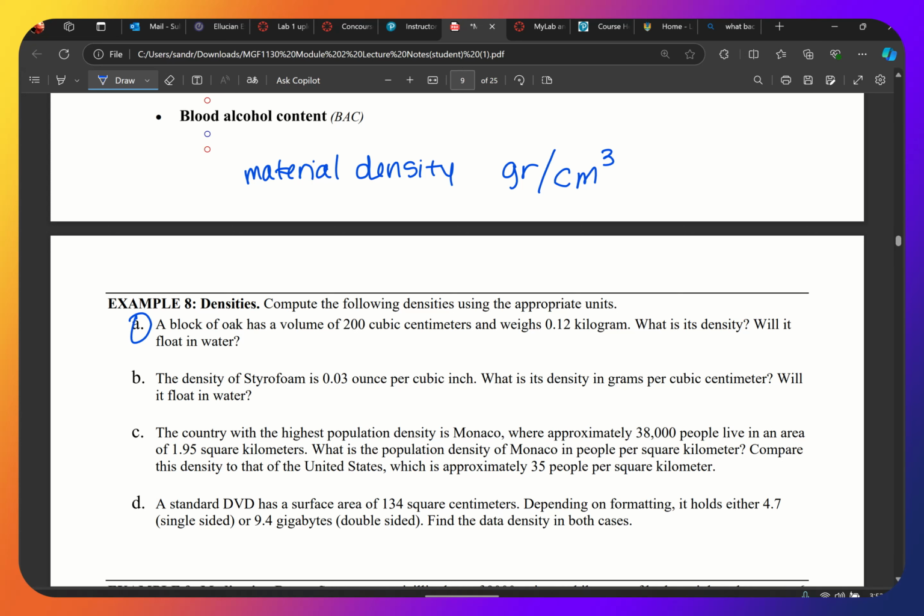That is the units for material density. So if it says we have cubic centimeters already, 200 cubic centimeters, no problem. We don't have to do the conversion on that. But the weight is 0.12 kilograms. So we got to convert the kilograms to grams first.